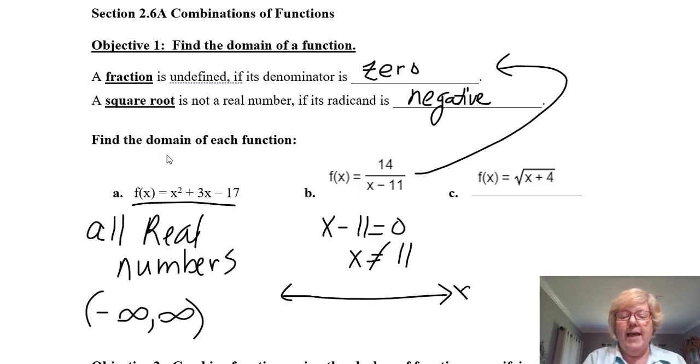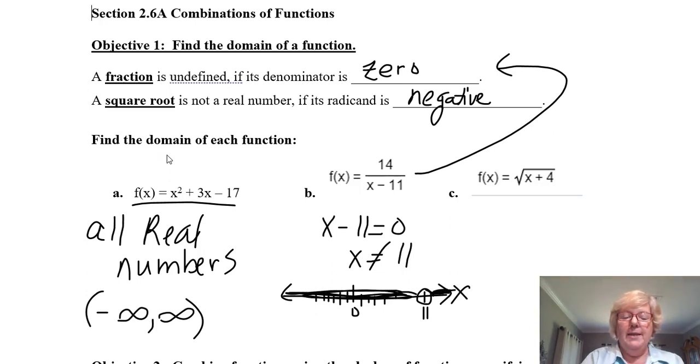Now you think about this. Picture the x-axis. Remember the x-axis goes horizontal, and in the middle is 0. You have all your positive numbers out to the right and all your negative numbers out to the left. Somewhere out here you'll have a positive 11. What we're saying is that we never want positive 11 to be part of the domain, but all numbers larger and all numbers smaller than that can be part of the domain.